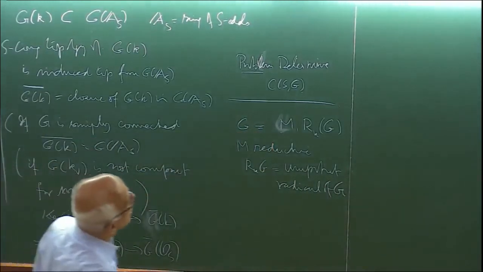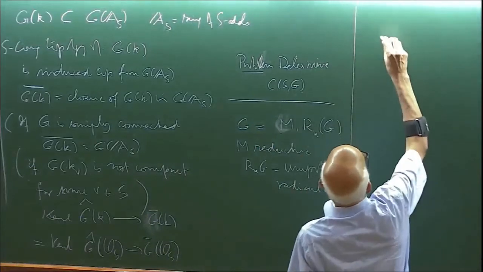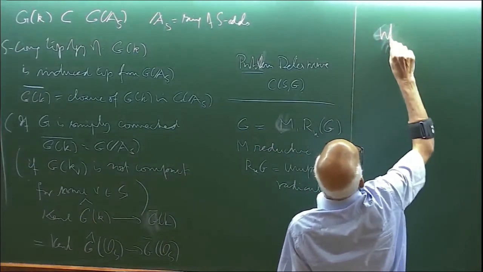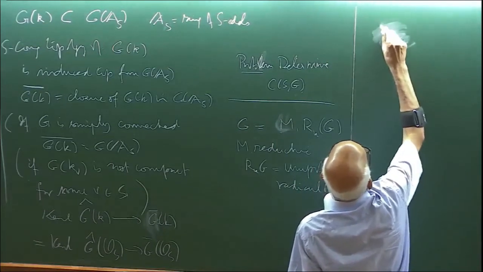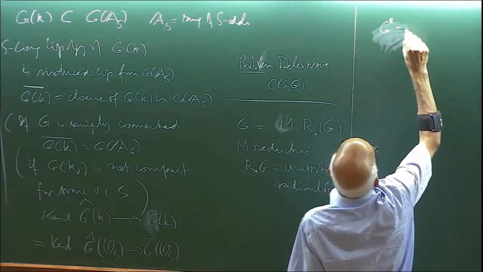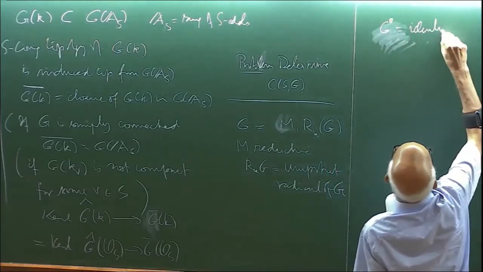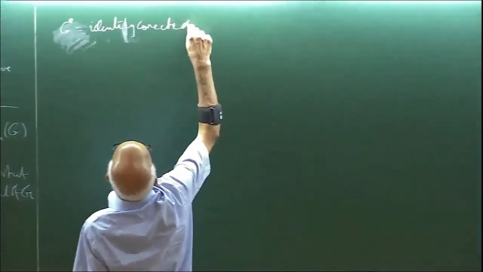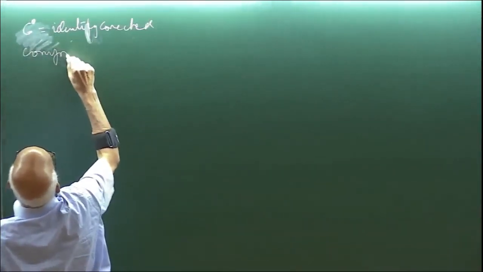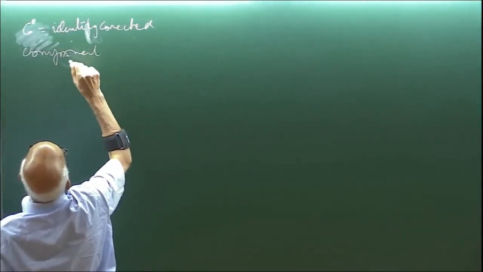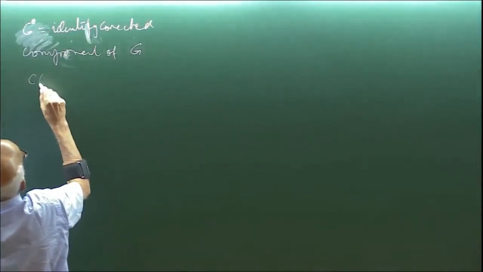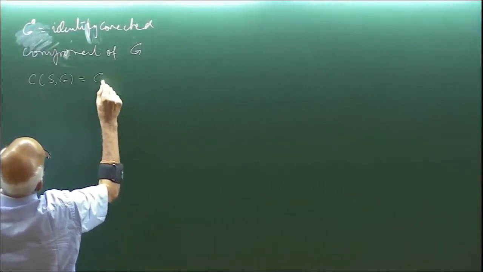Now, let me first explain. If G naught is the identity connected component of G, then it's easy to see CSG is the same as CSG naught.